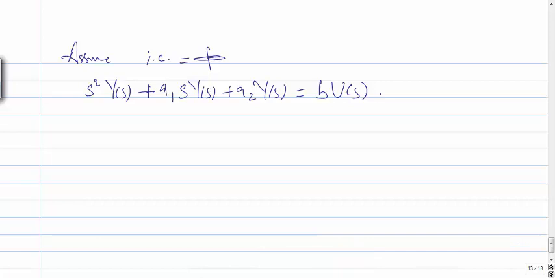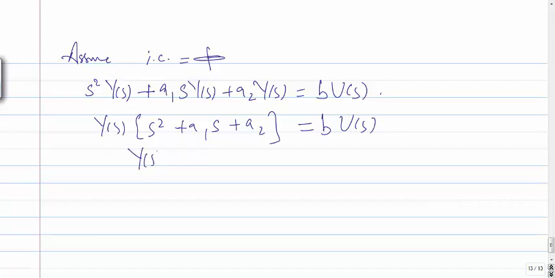If I just take out Y of s, it becomes s square plus a1 s plus a2, and is equal to b U of s. Now if I take the ratio of output to input, it becomes b divided by s square plus a1 s plus a2.